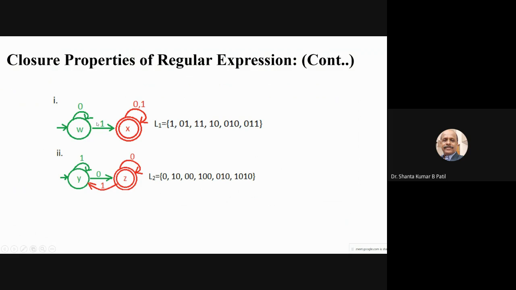This is one finite automata for this language, or you can call it a regular expression. For example, if they are separated by the operator, this is a regular expression.